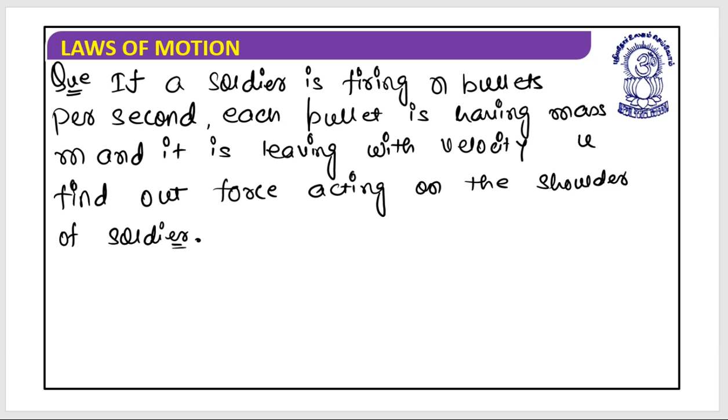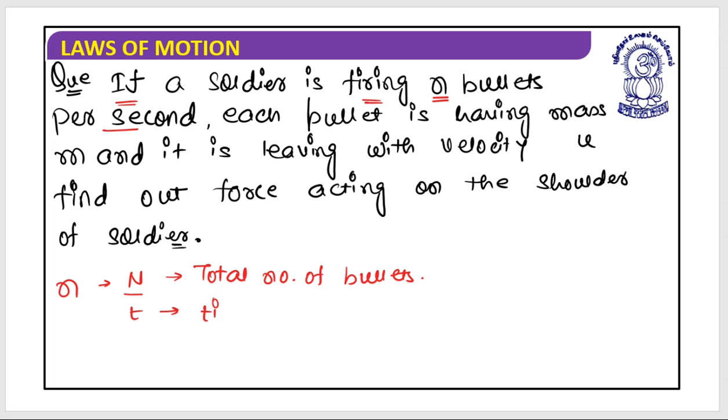Let's suppose a soldier is there and he is firing n bullets per second. I can define it as n, that is total number of bullets n divided by time t, where n is the total number of bullets and t is the time.